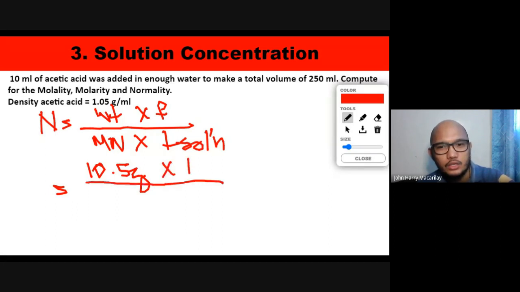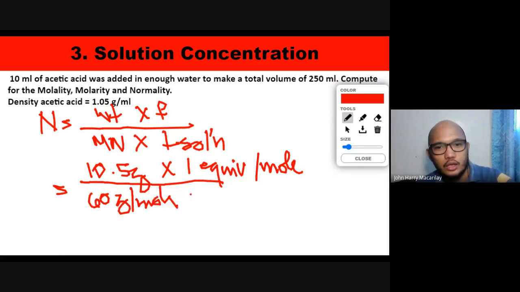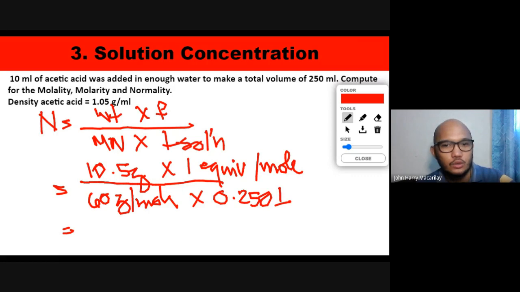The unit for factor is actually equivalent per mole. You have now molecular weight of 60 grams per mole and 0.250 liters. So cancel the unit of grams, the moles. What's left is equivalent per liter.